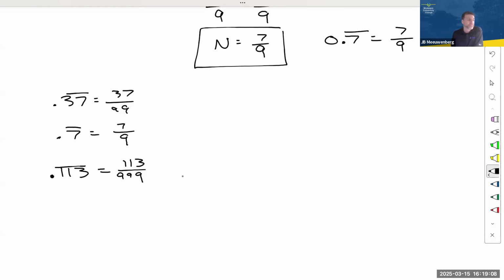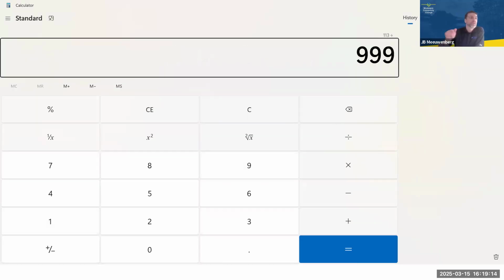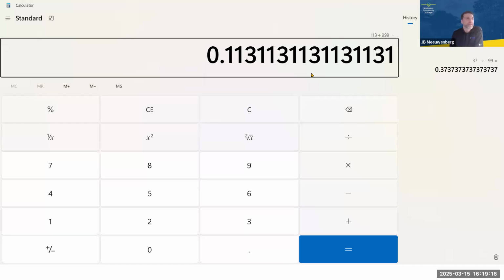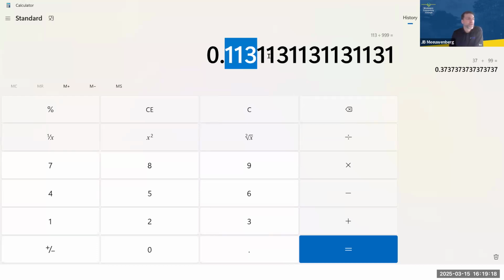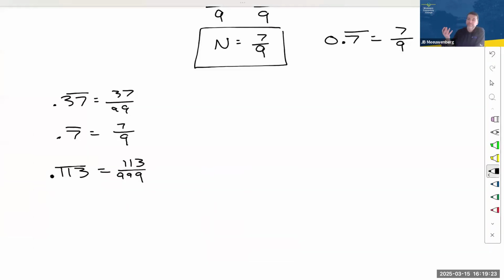That is exactly what it is. I can prove it to you through that calculator. 113 divided by 999, 113, 113, 113, etc. So yeah, it's always going to be 9 or 99 or 999, depending on how many place values you had.